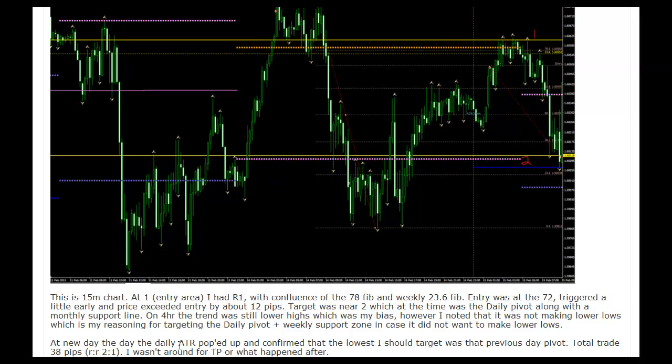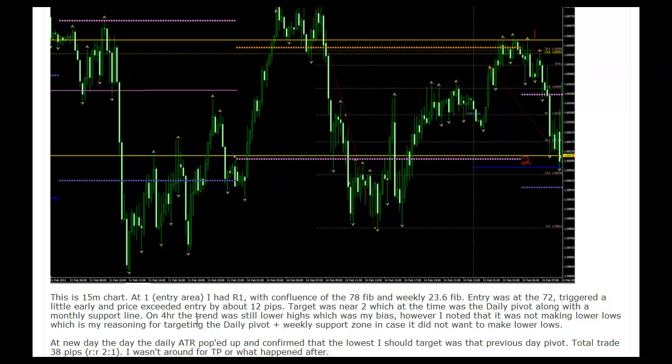Whenever you see this ATR, if you hear me say average daily range or ADR, it's essentially the same thing. These two terms, ATR, average true range, and average daily range, get tossed back and forth, and I may inadvertently use one or the other. But in my methods, I'm referring to the average 5-day daily range in terms of pips.